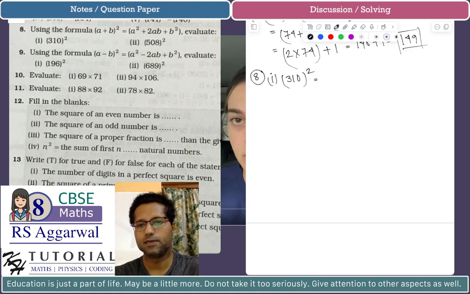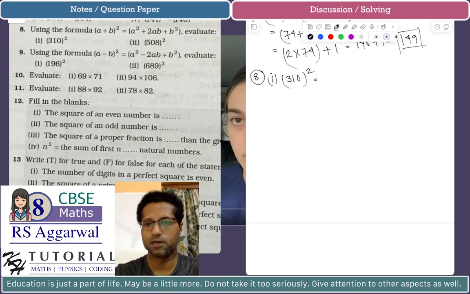How will you write 310 as a sum of two numbers a and b, so that it will be convenient and easy to compute a square, b square and ab?